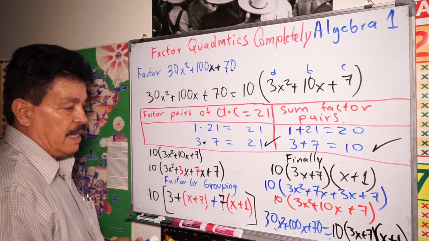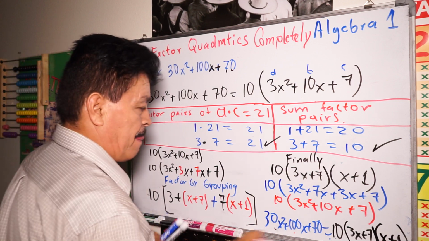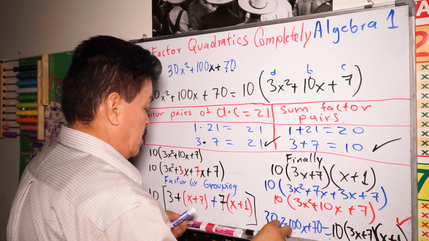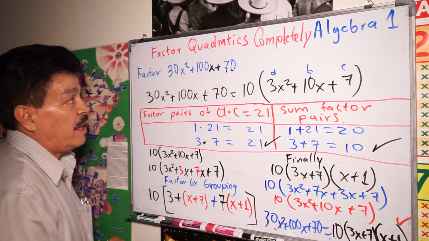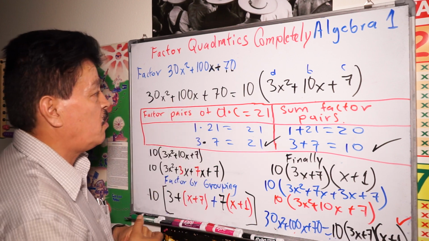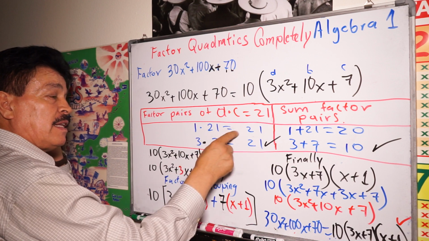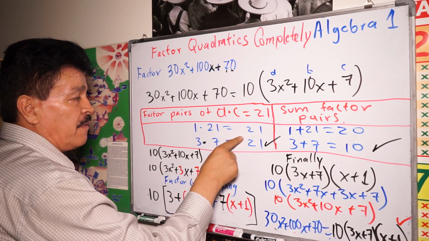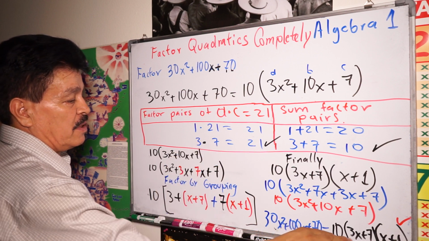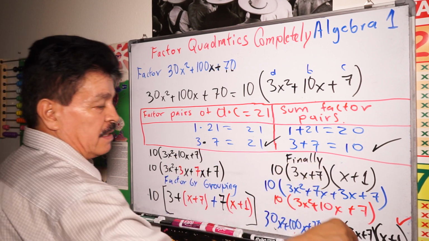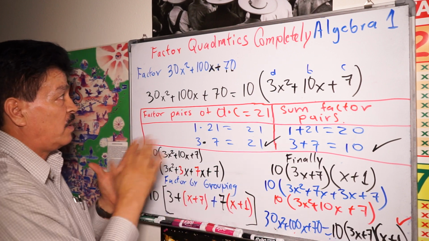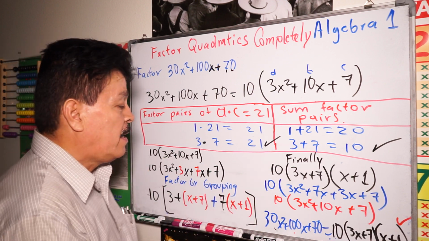That's the answer. This is a way to factor quadratics, the whole problem. Just a little trick: when you need to find the factors, once you get them, those must be the numbers that go right here. So finally, that is the right factoring. Thank you so much.